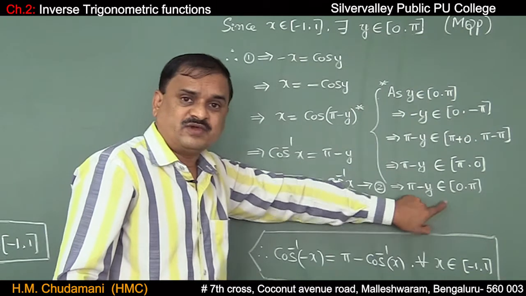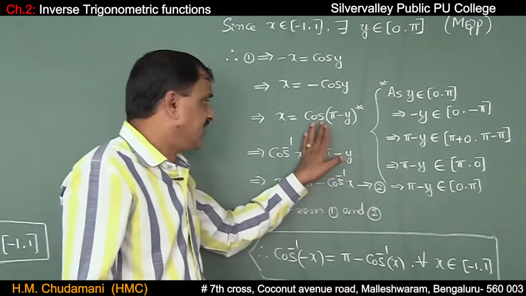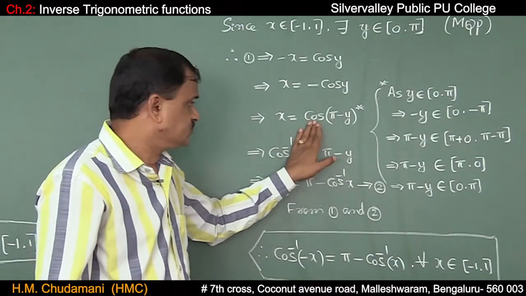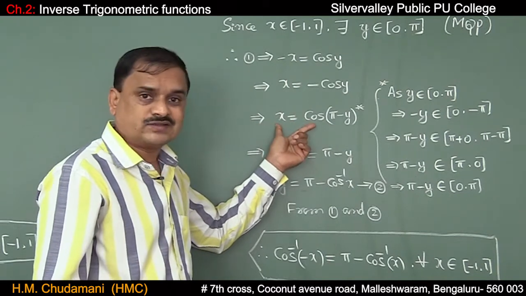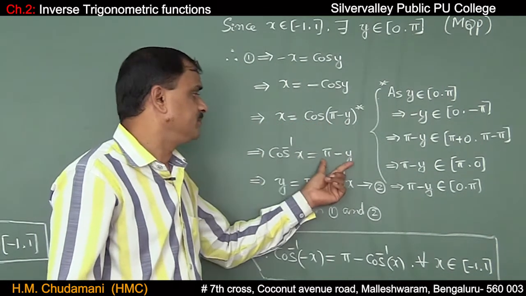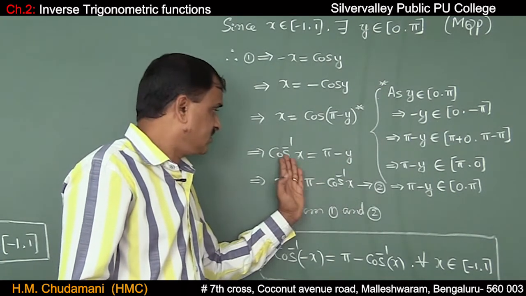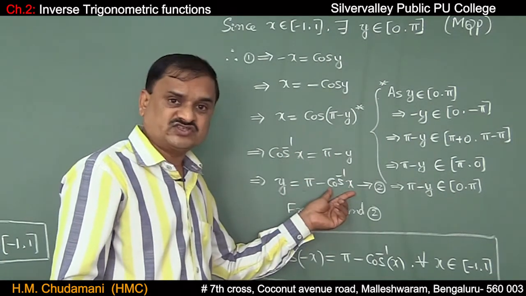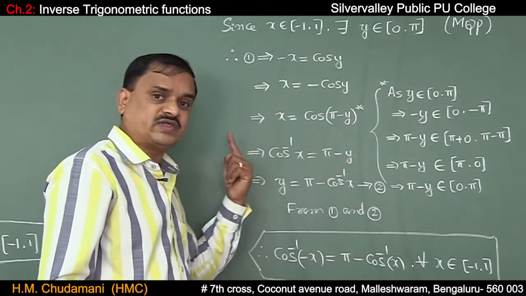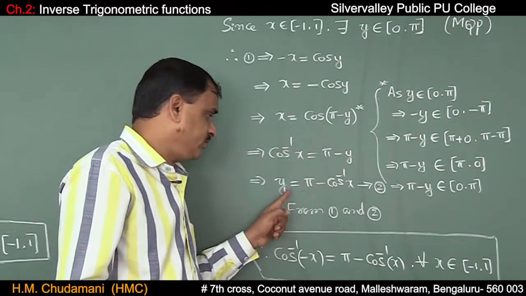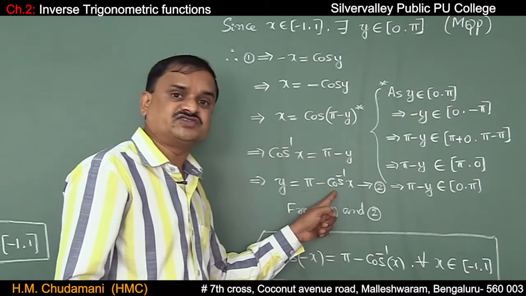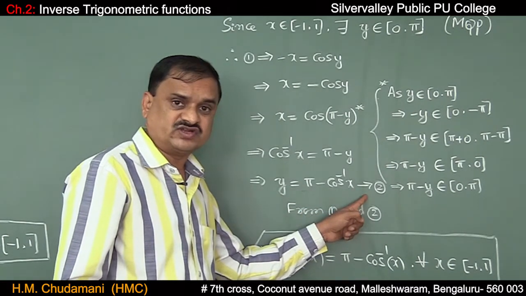Since pi minus y is within the principal branch, the inverse of this exists. So shift cos to the other side: cos inverse x is equal to pi minus y. Interchange y and cos inverse x: cos inverse x to the other side is minus cos inverse x, and minus y to the LHS is plus y. So y equals pi minus cos inverse x, say equation 2.